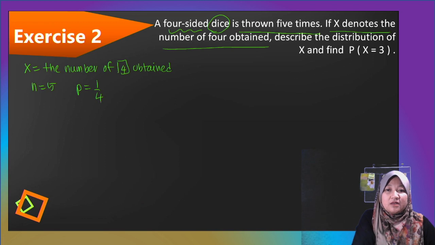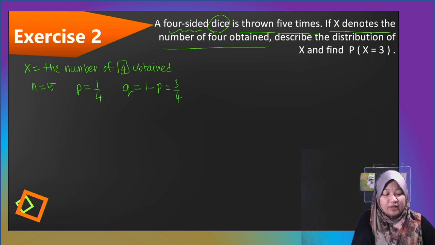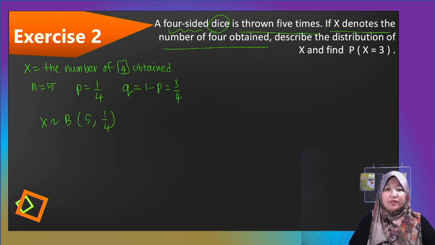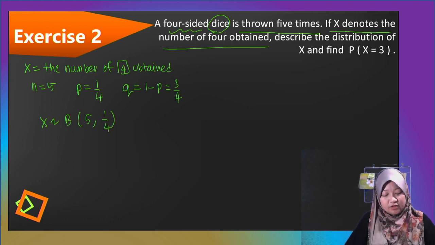Okay, kemudian kita cari siap-siap Q. Q adalah 1 minus P. So, kita dapat 3/4. Maksudnya dekat sini, X awak adalah distribute binomial, N adalah 5, P adalah 1/4. Okay. So, mesti tulis dulu maklumat ni.